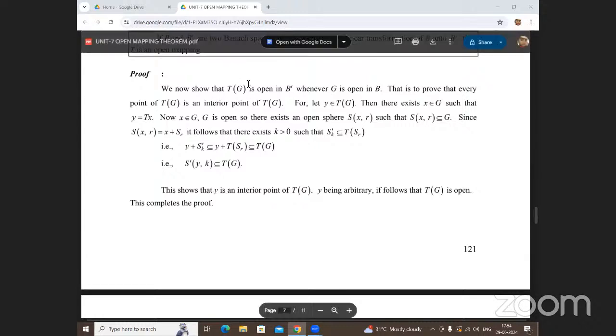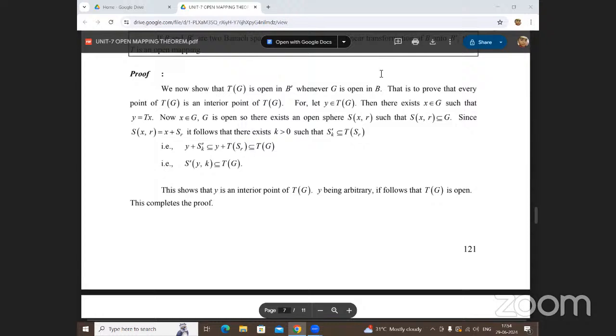So first of all, we take the open set represented as capital G. So for the continuous linear transformation to be an open mapping, the set T of G is open in B dash, because that is the transformation of the open set. And capital G is open in capital B. That means the mapping of the open set is open in B dash.